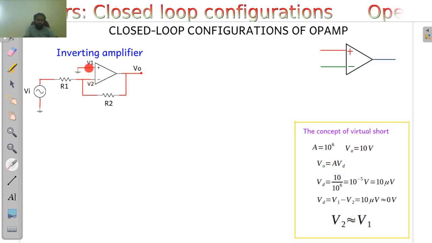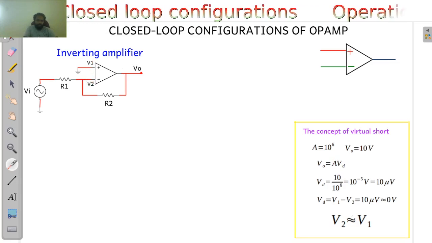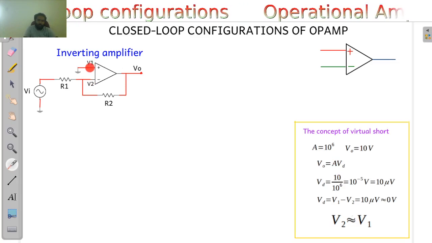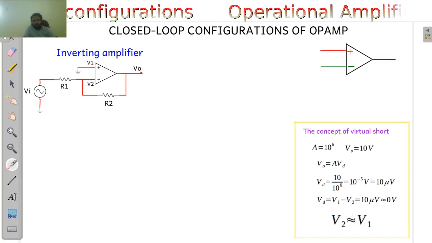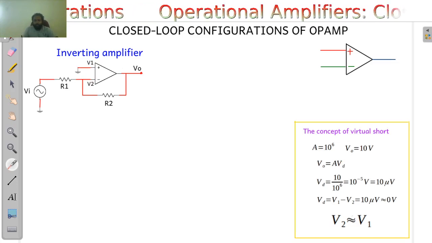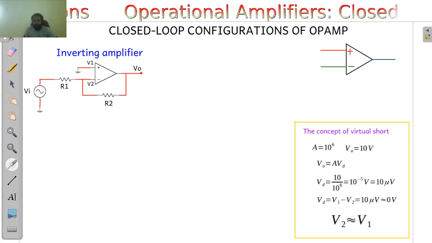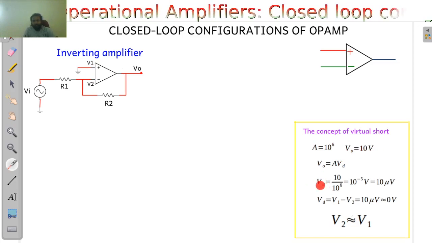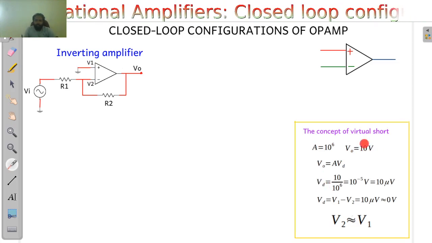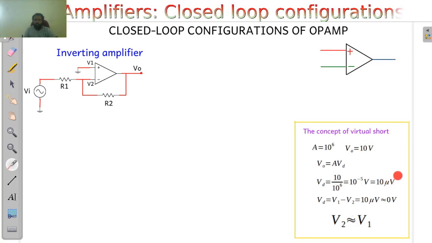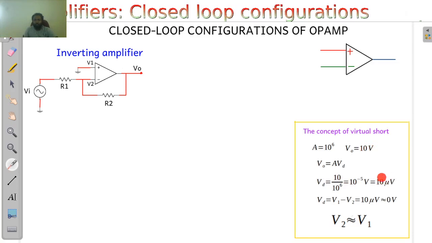This is the differential voltage, that is the voltage difference between V1 and V2. V1 is the voltage at the non-inverting terminal, V2 is the voltage at the inverting terminal. Now when we substitute these values, the differential voltage necessary to produce an output voltage of 10 volt will be 10 microvolt.